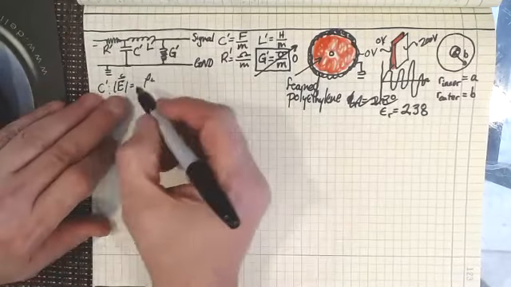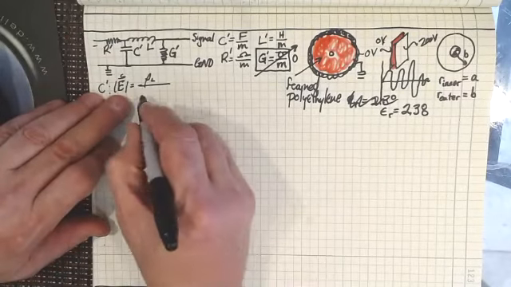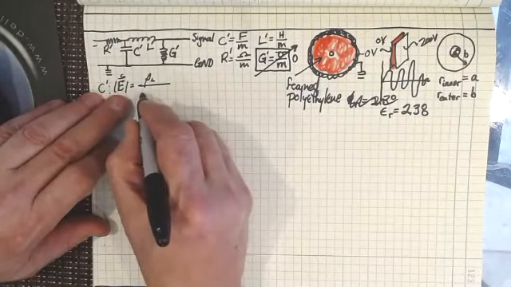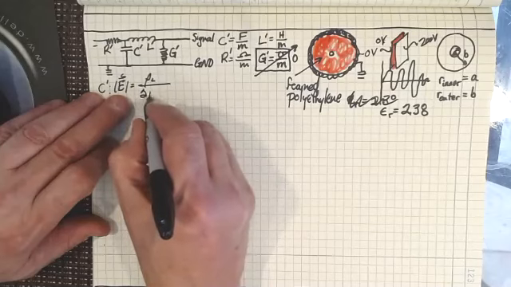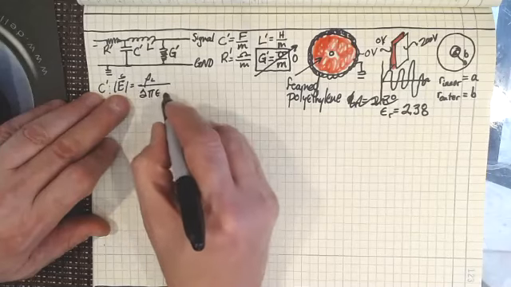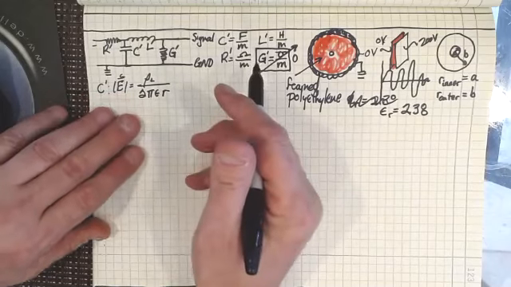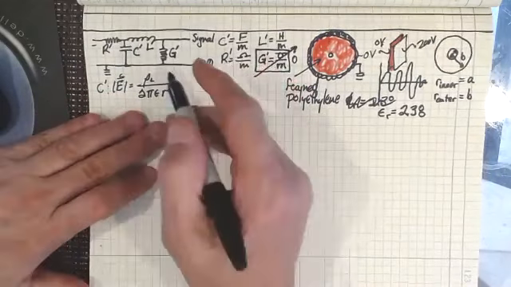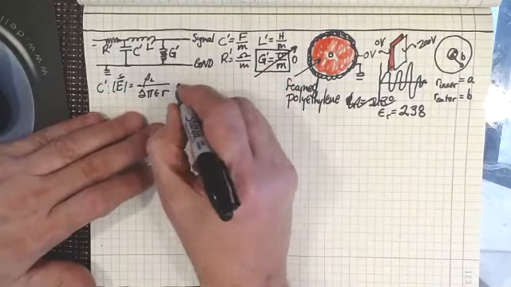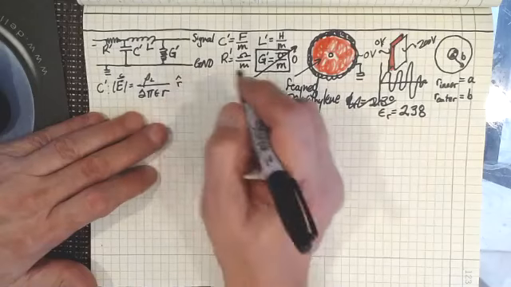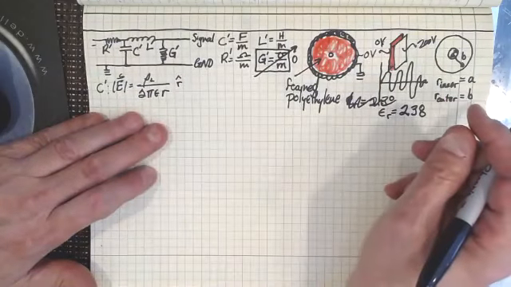And so we know that the electric field for that line is going to be the line charge density divided by 2 pi epsilon r, and of course that would be in the radial direction.